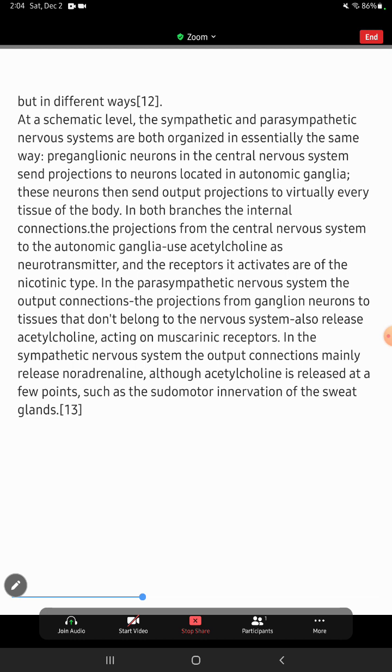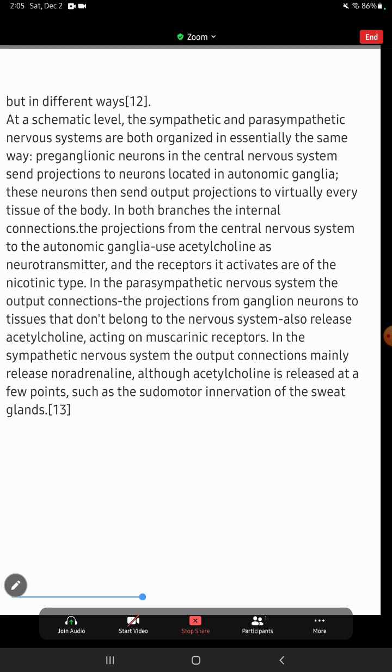Although acetylcholine is released at a few points, such as the pseudomotor innervation of the sweat glands.